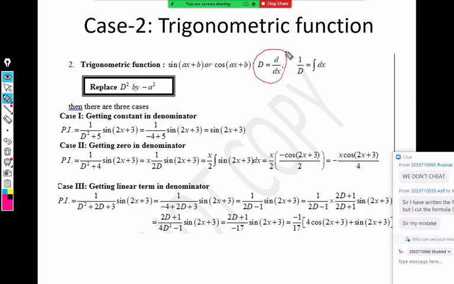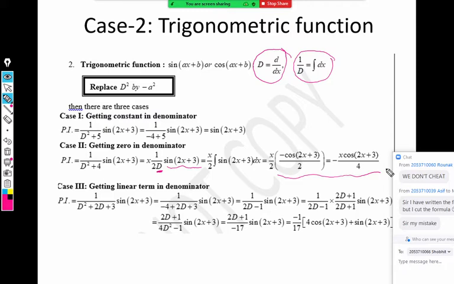One more important thing you should remember throughout: D is a derivative operator while 1 by D is an integral operator. Now we are left with only 1 by D, which means integration of sine of 2x plus 3. So after integration we get the answer. That is case 2, provided the denominator comes to 0.